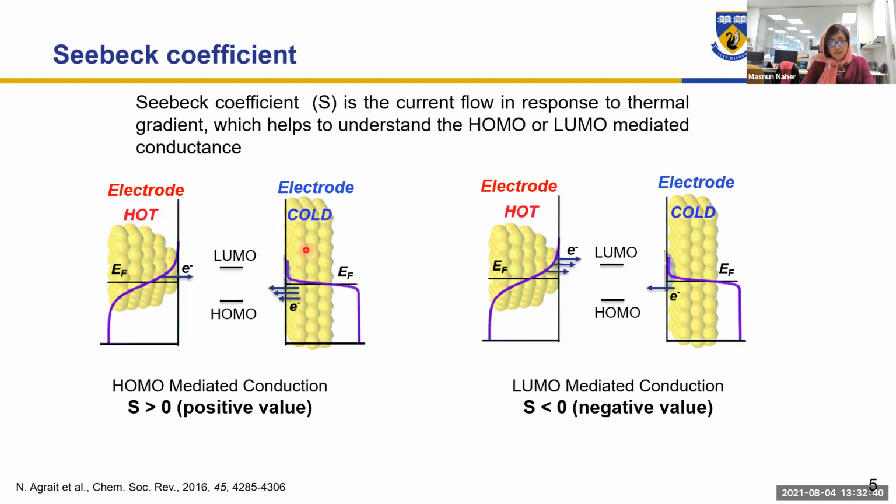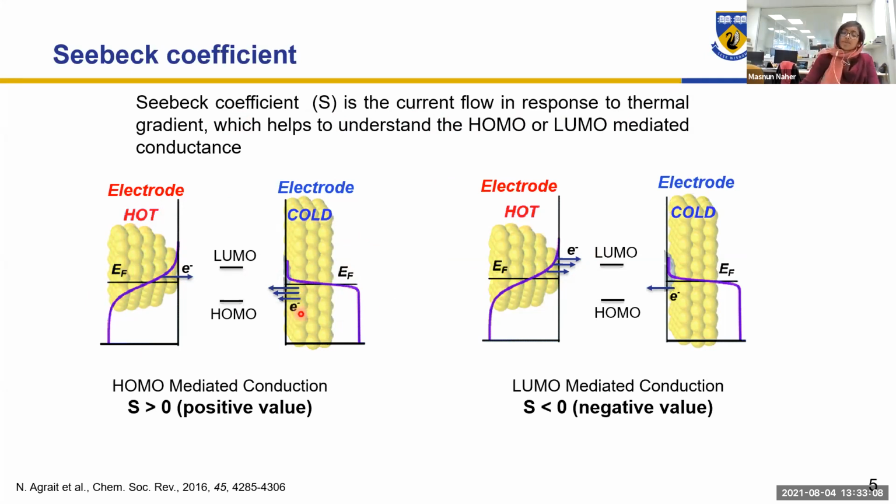Here you can see from this picture, this is the hot electrode and this is the cold electrode. In the hot electrode, the Fermi function gets broadened. As a result, it has more electrons above the Fermi level at higher energy. On the other hand, in the cold electrode, the Fermi function gets sharper, so it has more electrons below the Fermi level.